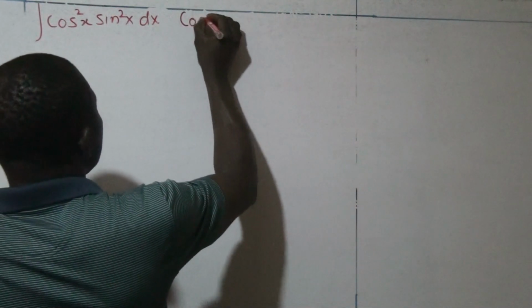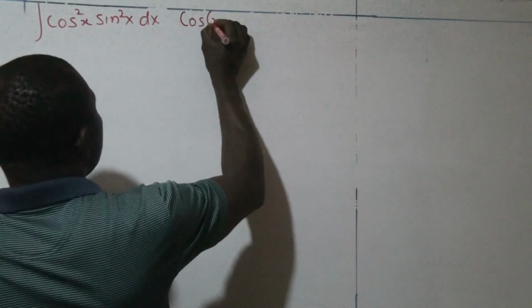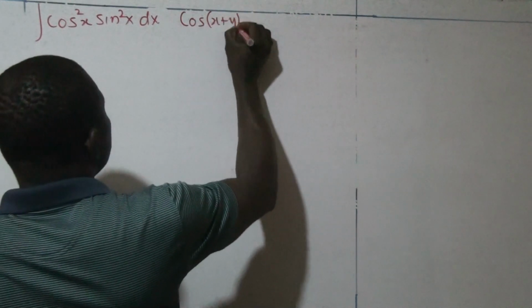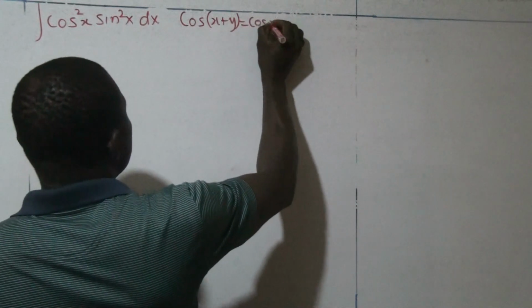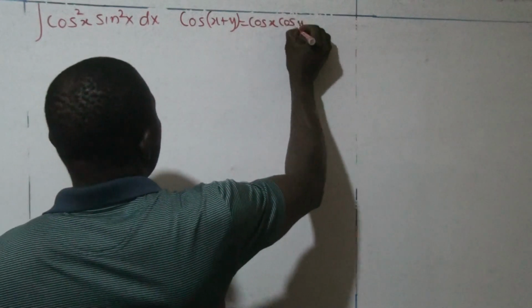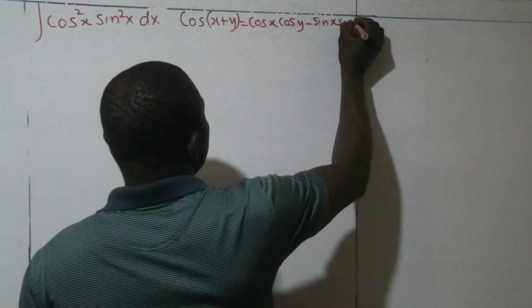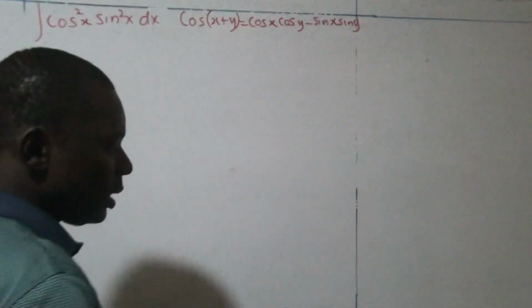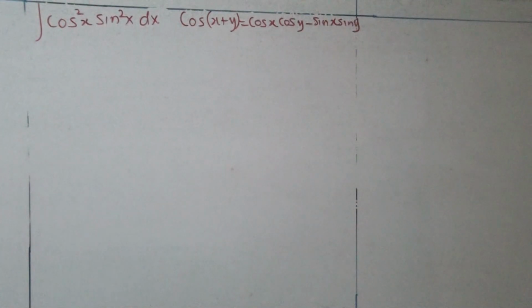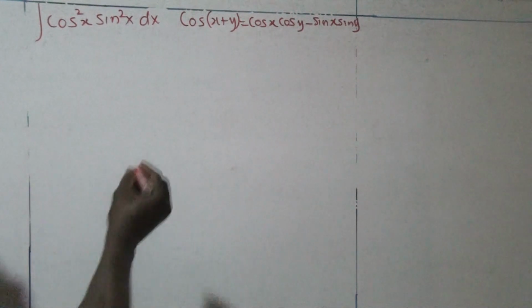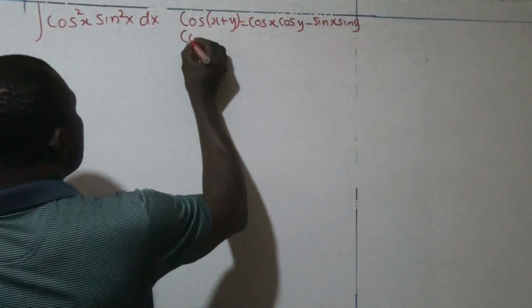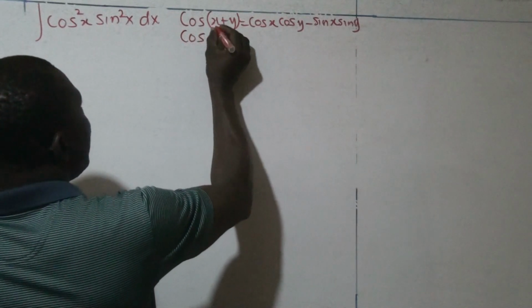Okay, but if you recall from our identity, cos(x + y) is equal to cos x cos y minus sin x sin y. If we decide that we are replacing y with x, that is, we're looking at the double angle, the sum of angles, if y is x, this automatically becomes cos(x + x).